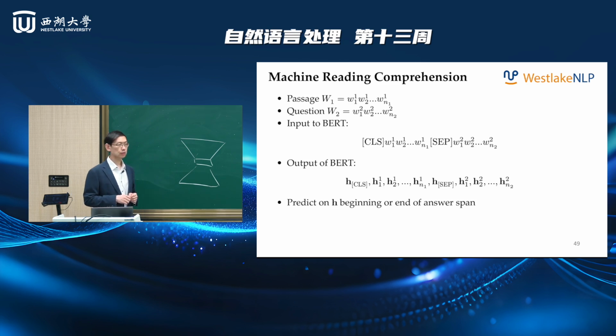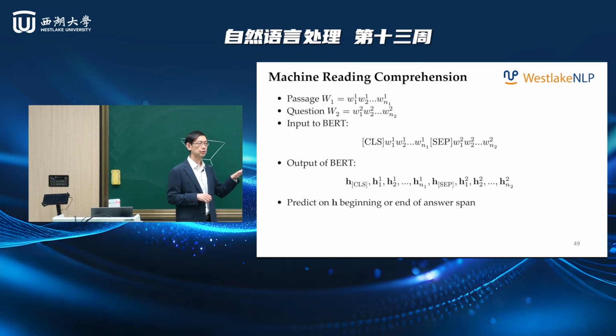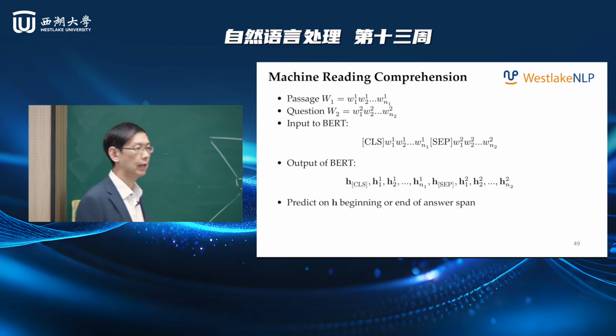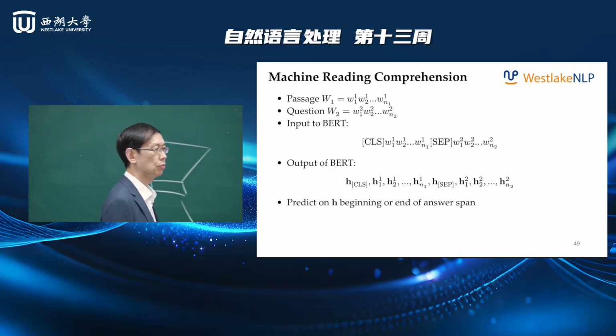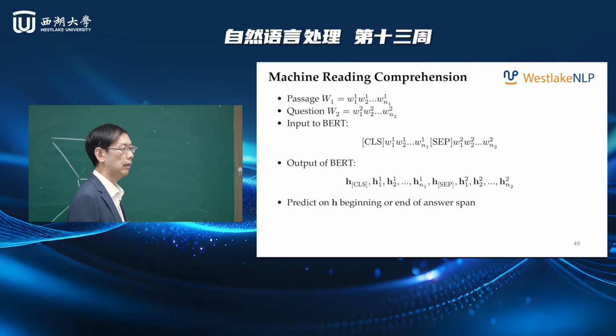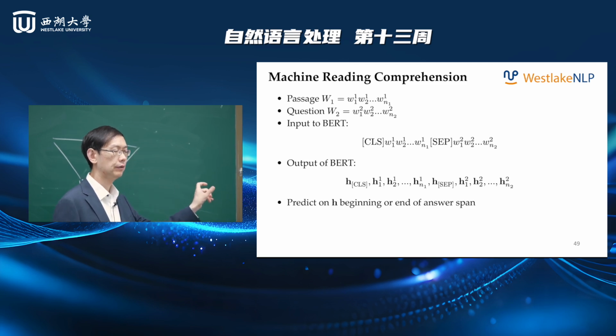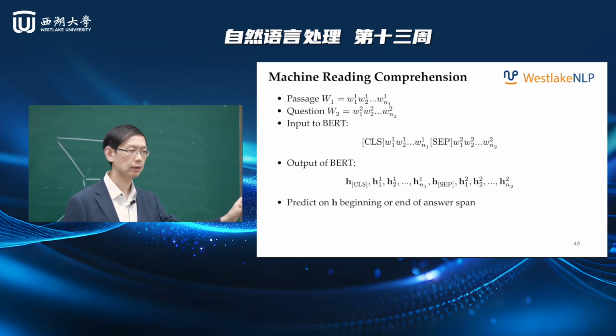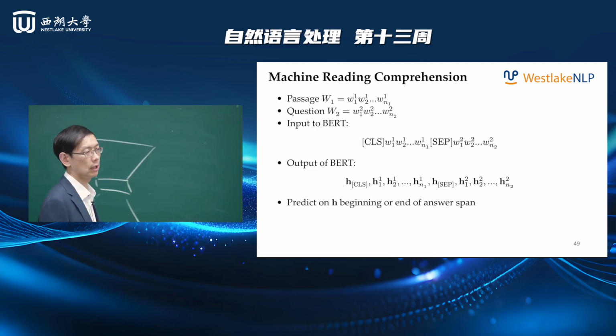And when you use BERT to solve the task, you can take the passage as the first sentence, the question as the second sentence, and feed them together into BERT. And then you just directly add classification output layers to ask every word, are you the beginning of the answer span? Are you the end of the answer span? To do this kind of classification.